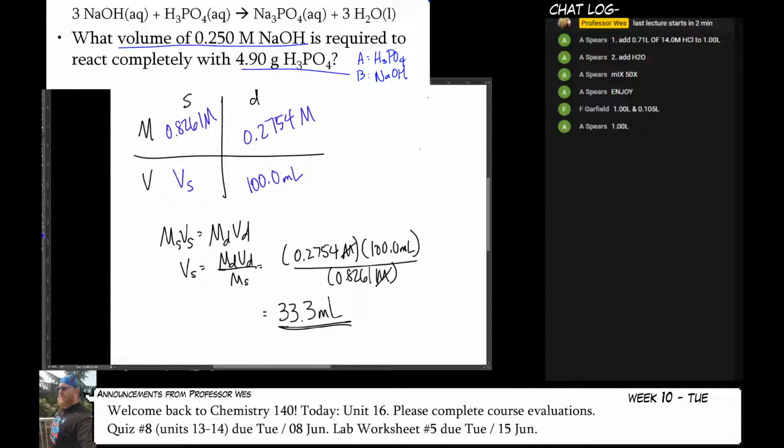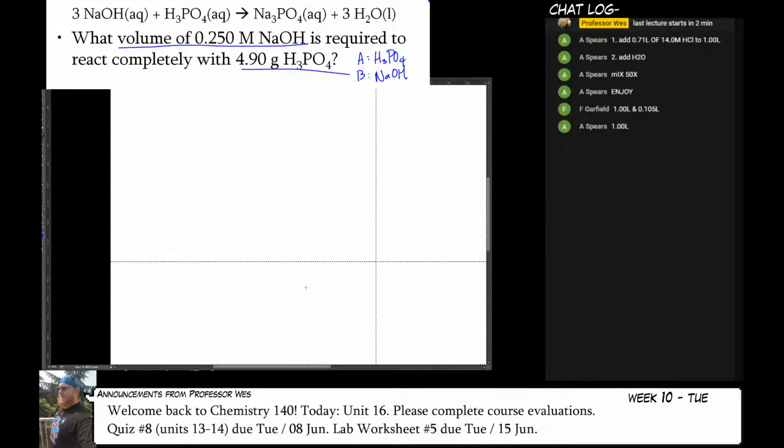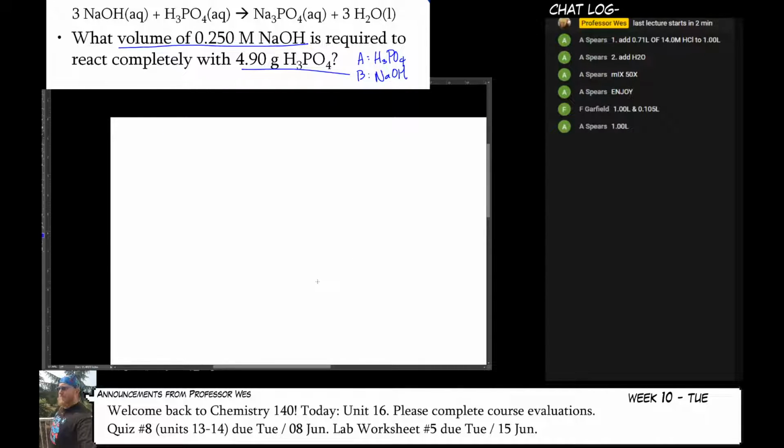So there's our question. Clear the board here. All right, so I'm going to start with grams of phosphoric acid, moles of phosphoric acid is our next step. We'll turn that into moles of NaOH, and then a volume of sodium hydroxide.